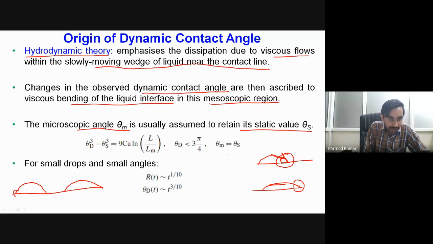If we zoom into the micro level, we will have the same characteristics of the surface at all locations. For example, if I have a contact angle close to 80 degrees here, and I zoom in at another location, there also at the molecular level I will have a contact angle equal to 80 degrees.